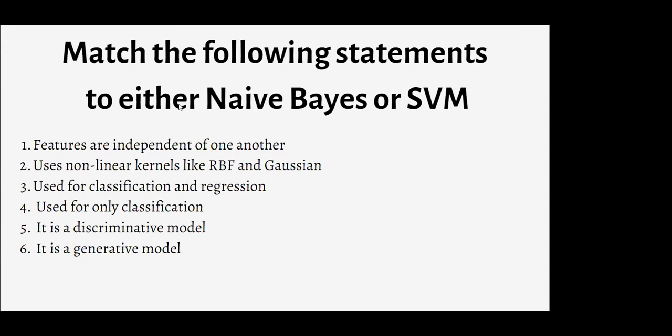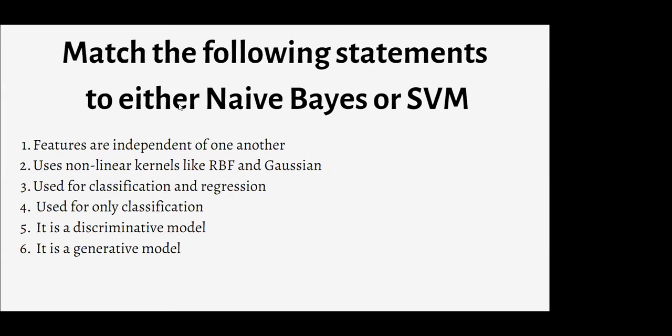SVM is a discriminative model as it considers the object then and there, instead of studying it thoroughly and doing a history checkup on that object. It just checks what classifies that object as one or the other. The sixth question is: it's a generative model. 69% of the people answered naive Bayes, which is completely correct.